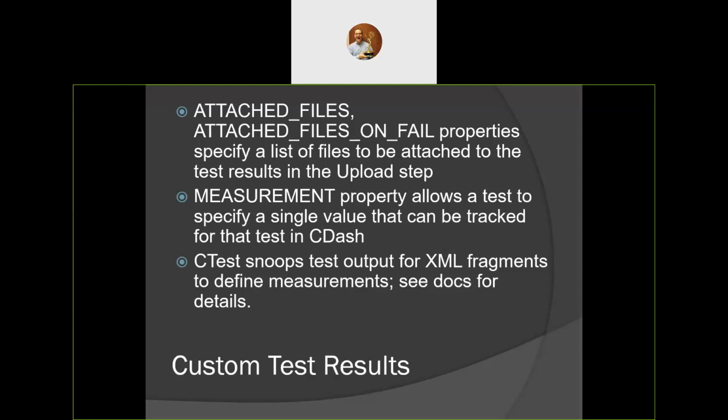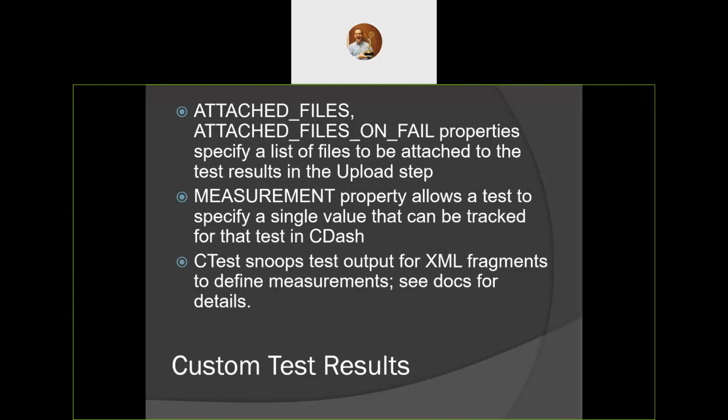So the value that's associated with the measurement is really only useful if it's something that is varying at configure time. So it sounds like it would be handy, but when you think about how it actually works, it can't get data out of the test.